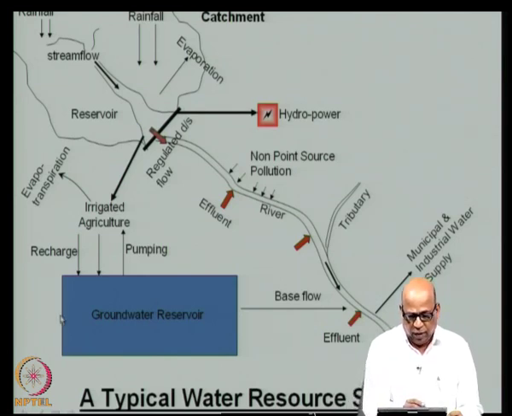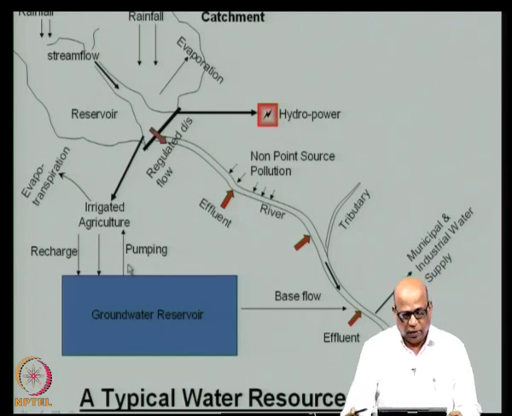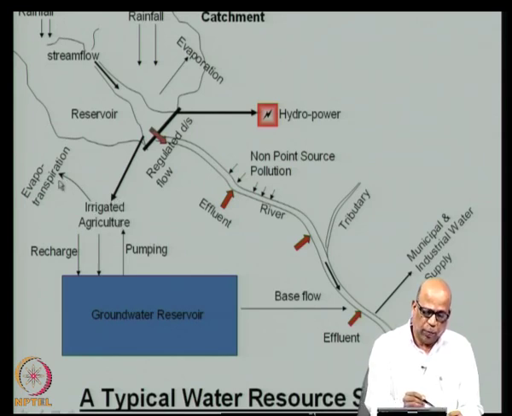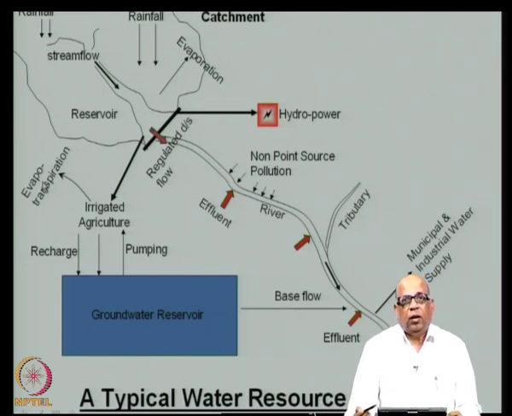So, you may have a flow that is taking place here, there is an outflow that may eventually join a stream here as base flow. There is a recharge that is taking place, there is a usage of the groundwater that is taking place, and so on.